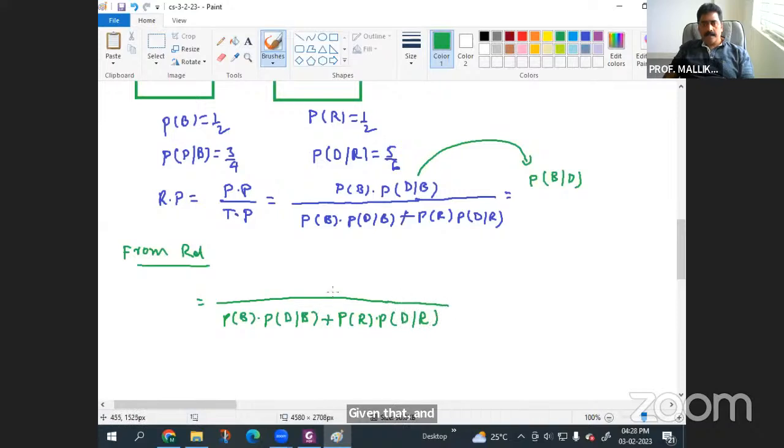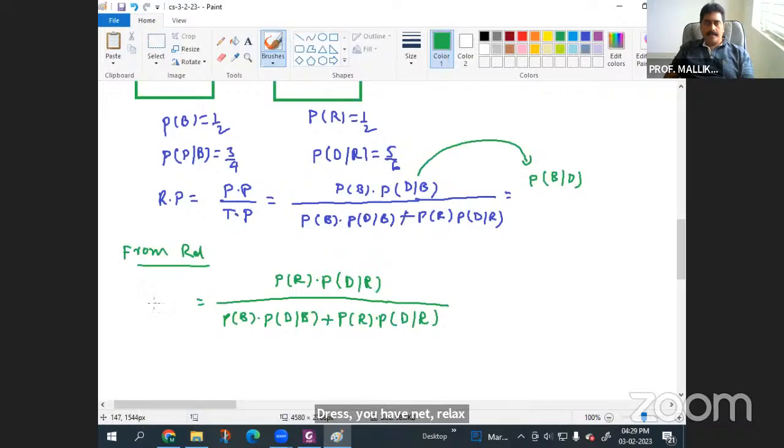In the numerator, he said from Reliance now. That Reliance I am taking as the numerator: probability of R into probability of dress given that Reliance.